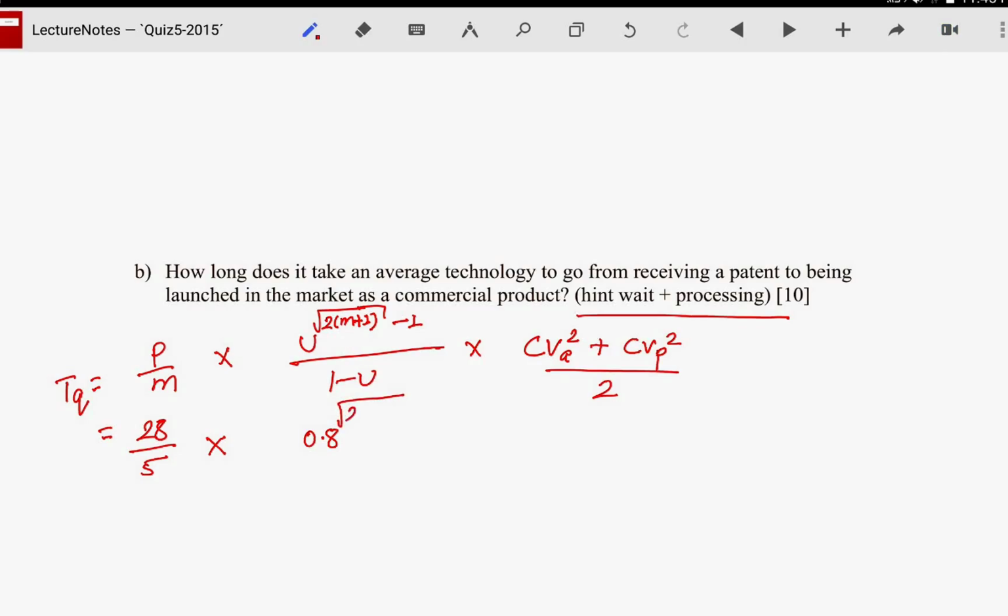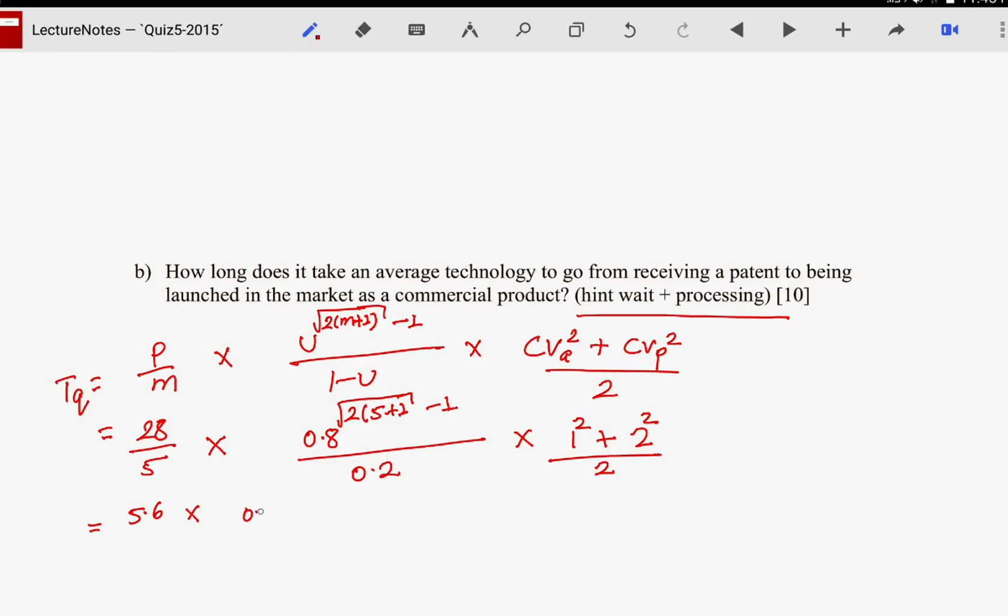The square root of 2 times (5 plus 1) minus 1, over 1 minus 0.8, which is 0.2. CVA we calculated was 1 and CVP was 2, so (1 plus 4) divided by 2. It's pretty easy. The first part, P over M, just comes out to be 5.6.